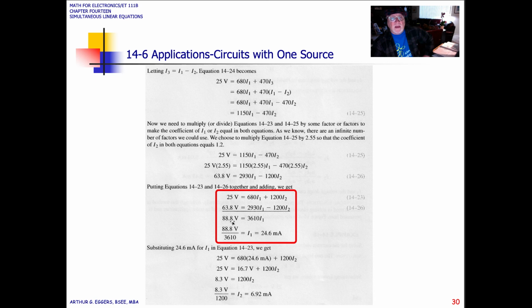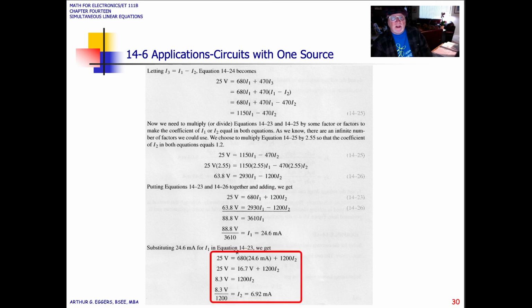So 88.8 volts is equal to 3610 times the current I1. Solving through for current I1, we get 24.6 milliamps. So now having that, we can plug that I1 back into the original equation. So we're going to go back to equation 1423, which had the two original resistors in here as our coefficients.